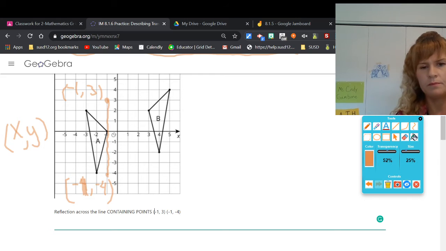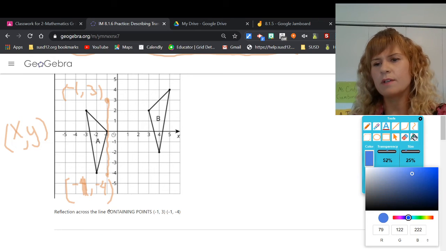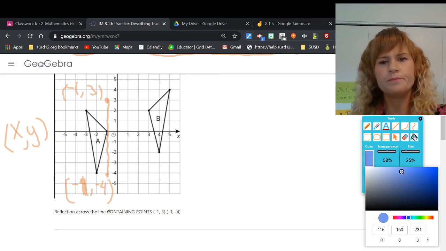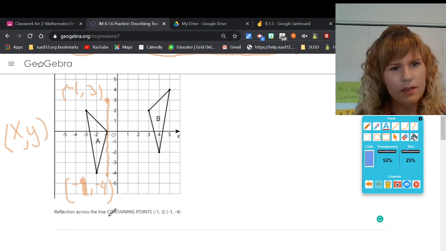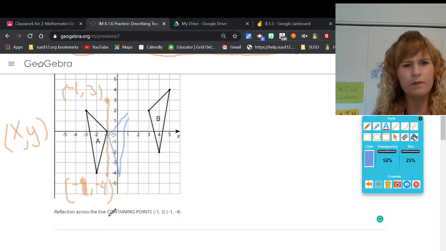There we go. So what will it look like after that reflection? Let me draw that in a different color so we can visualize it. It's going to look like this. There we go. So what can I do next to go from my image over here to B?